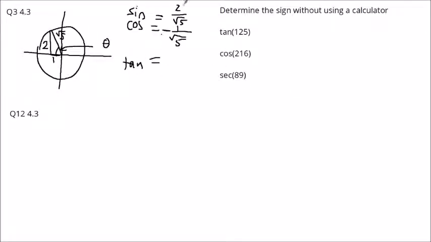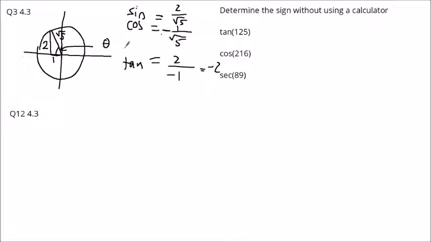Sine over cosine is 2 over -1, which is equal to -2. Or you could just see that sine is positive and cosine is negative, it's 2 over 1, and so it will be negative, -2.